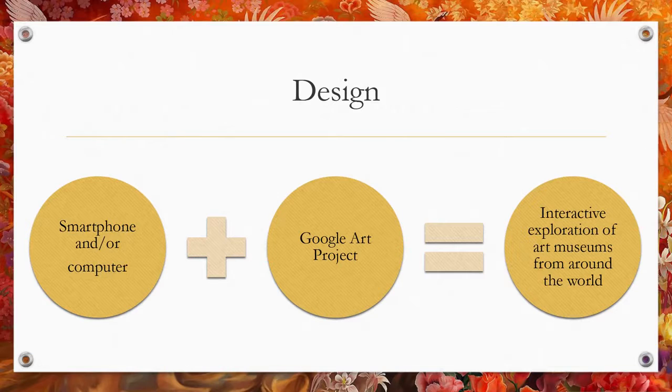So this applies to the grade school classroom as well as the college classroom. Basically, you take a smartphone or a computer, you combine it with the Google Art Project in delineated ways with assignments, and you get an interactive exploration of different cultures through museums, through their material culture.